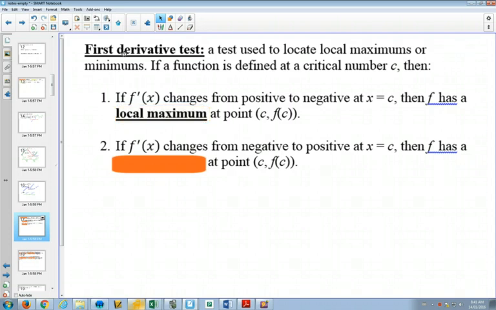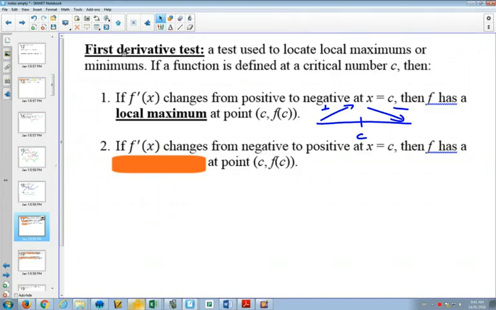So what it says: if our derivative changes from positive to negative at our critical point, it's going to have a local maximum. So the way that we're going to see that is we make our number line and we put our critical point on our number line. And if at C our derivative changes from positive, which means it was going up, to negative, which means it would be going down, it's easy to see that C has to be a local maximum.